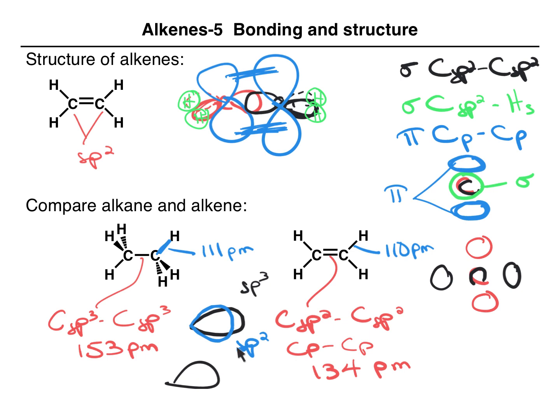Here we've got 33%, 66%, so these electrons will be held a little bit closer to the nucleus, more like the s character. And so because the orbitals are a little bit closer to the nucleus, that means that the bond lengths are going to be a little bit shorter as well.